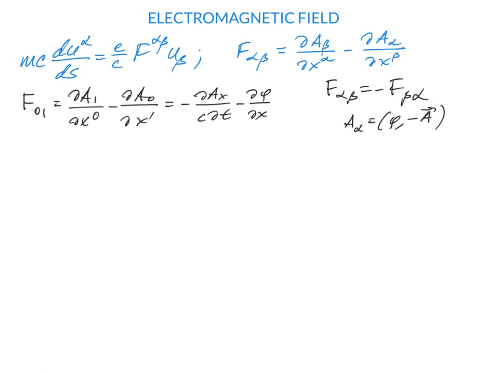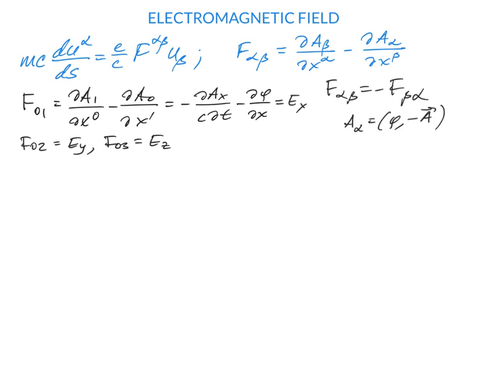Now, if we come back to the definition of the electric field, this is nothing other than Ex. So as expected, the electric field is an element of that tensor. Now f naught 2 will be similarly Ey, and f naught 3 will be Ez.